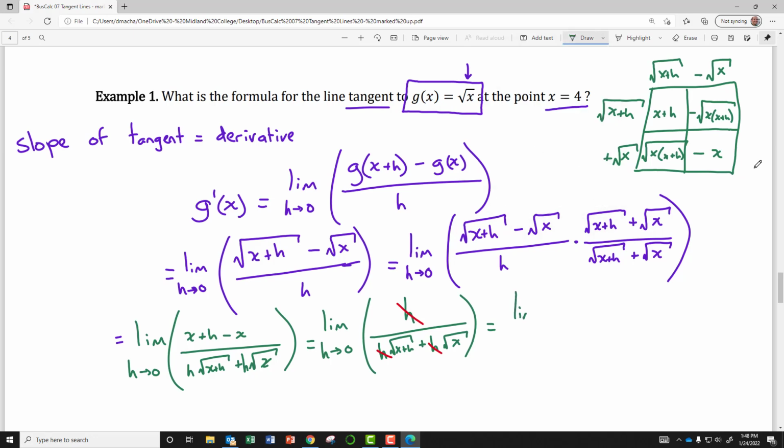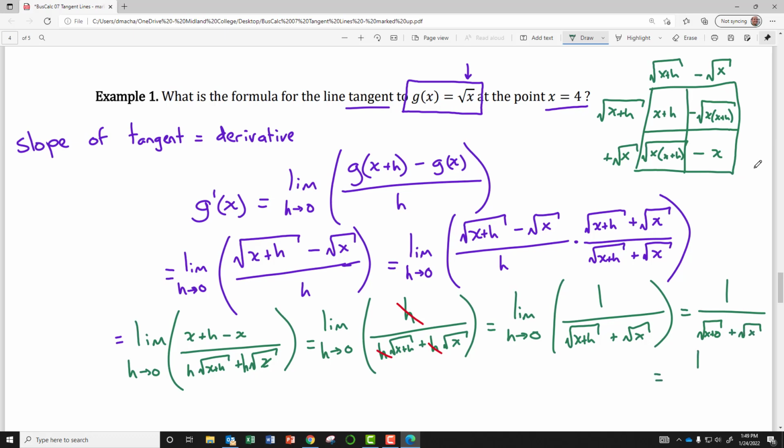And this is going to give me the limit, as h approaches 0, of 1 in the numerator, and then in the denominator, square root x plus h plus square root x. Okay. Now, if I set h equal to 0, in other words, taking the limit, what I have is 1 over square root x plus 0 plus square root x.